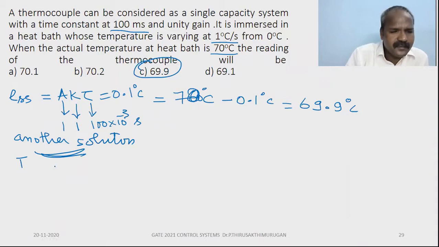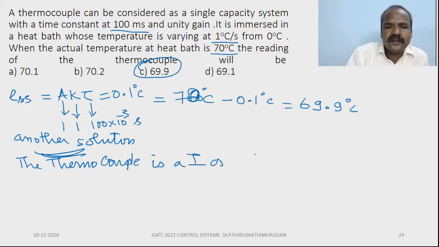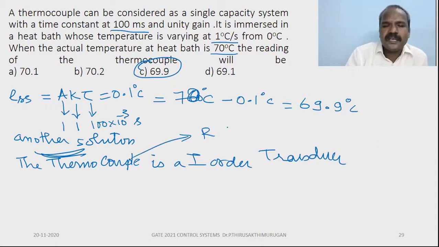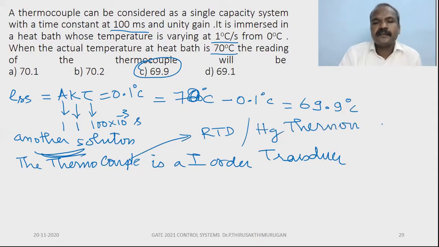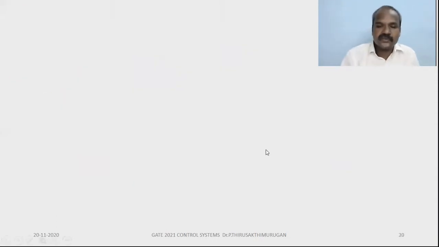The thermocouple is a first order transducer. Thermocouple, RTD, mercury thermometer, these are all first order transducers.